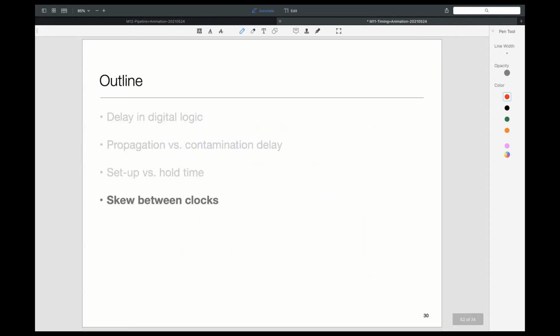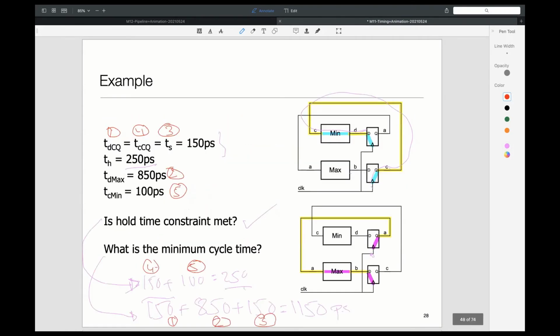Okay, so skew between clock. A confounder in this whole story is, remember, in all of these things, we were kind of assuming that the clock tick reaches the two flip-flops at the same time, right?